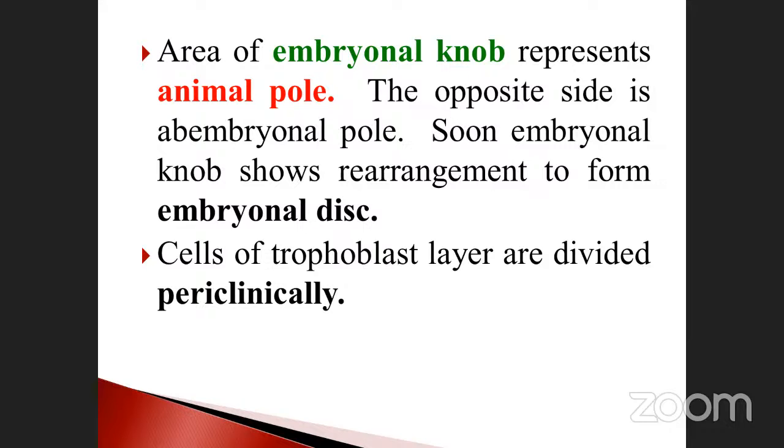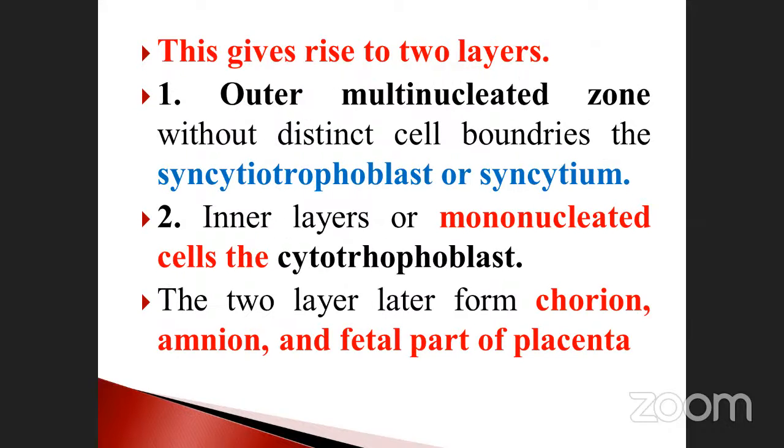Okay, what are the next slides? This gives rise to two layers. After the periclinal division takes place, two layers are formed. What are the two layers? Note it down. This is very, very important.